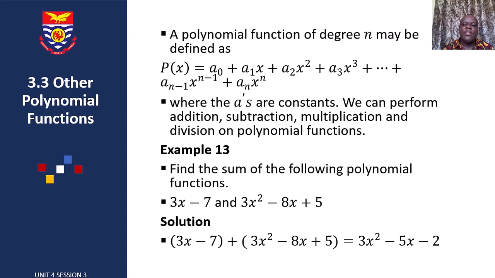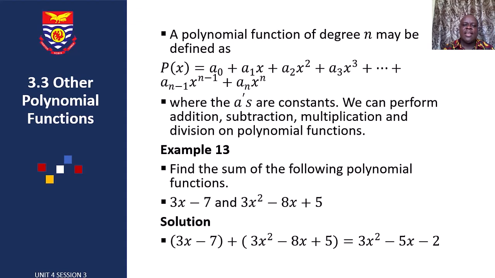Before you get to the last one, you get to a term which is a n minus 1 x to the n minus 1. The a's are constants, where x is the variable. We can perform addition, subtraction, multiplication, and division on polynomial functions.